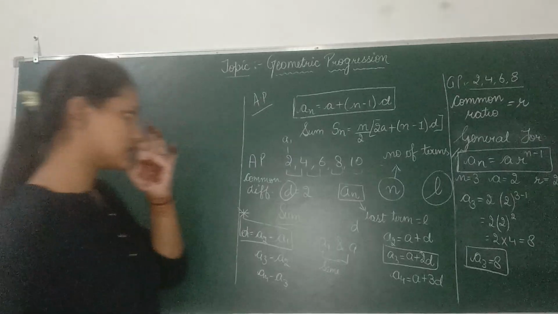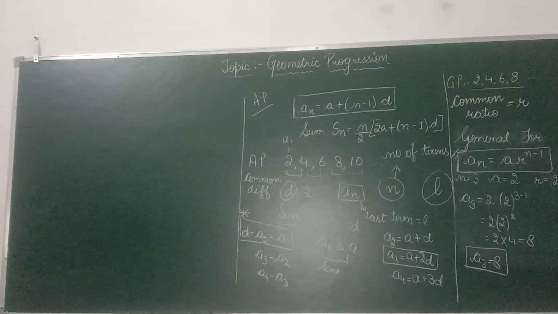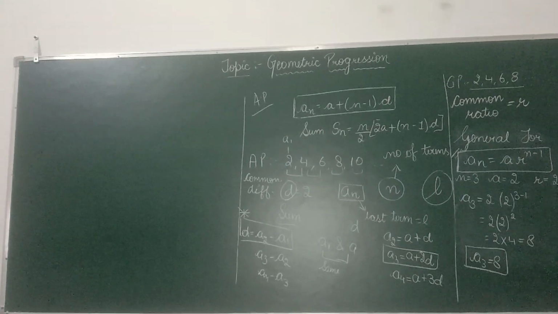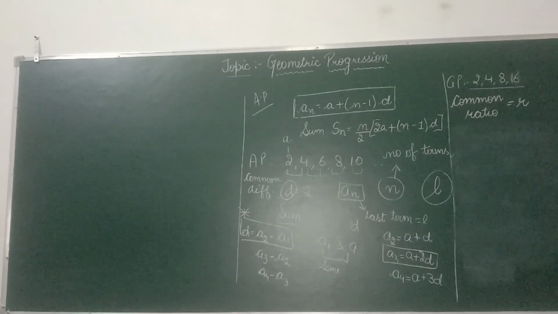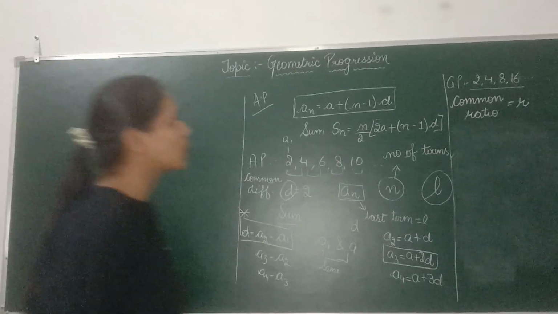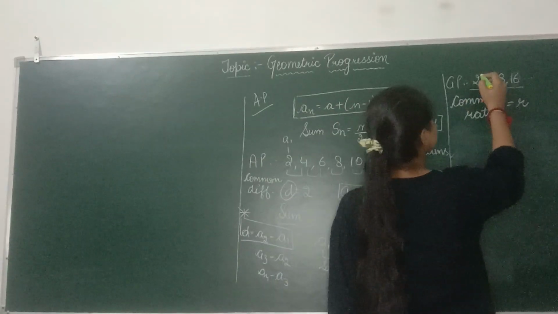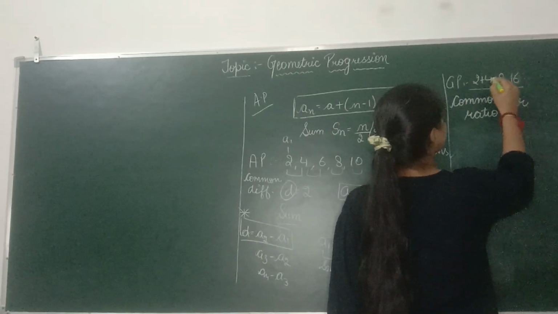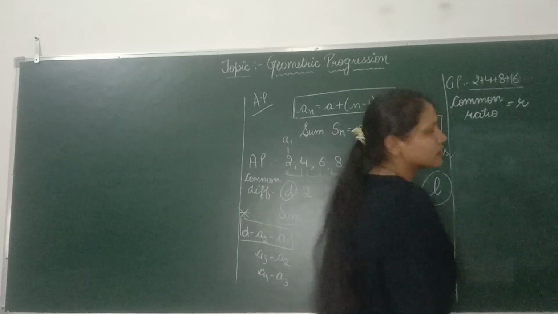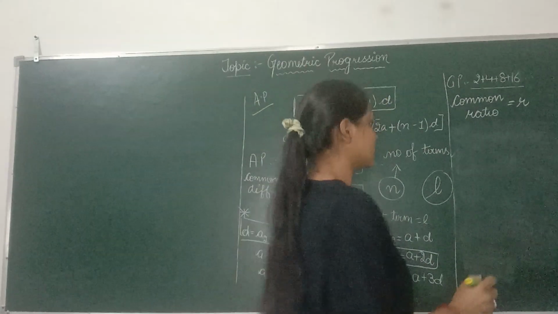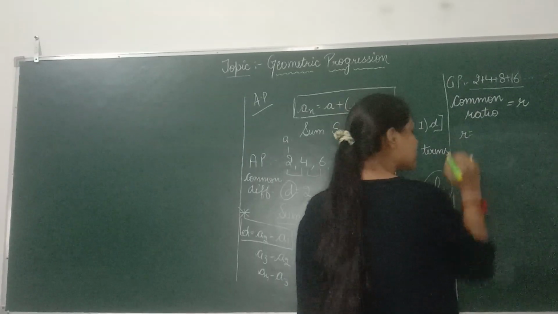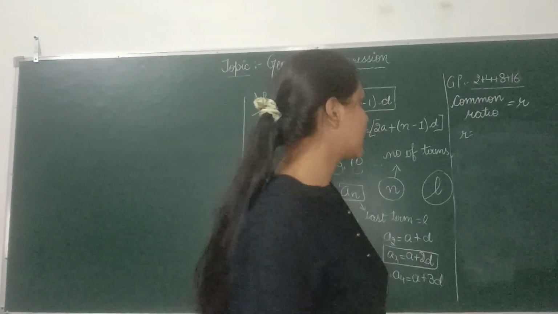So by using this formula, you can easily calculate the value of AN. Now suppose you have to calculate the sum of the terms 2 plus 4 plus 8 plus 16. The common ratio would be the same.